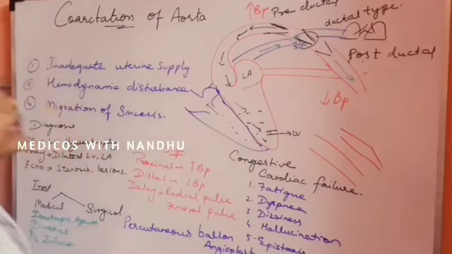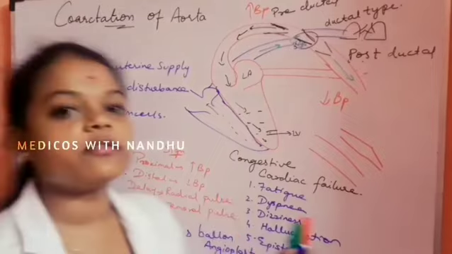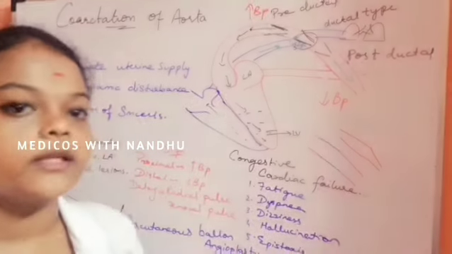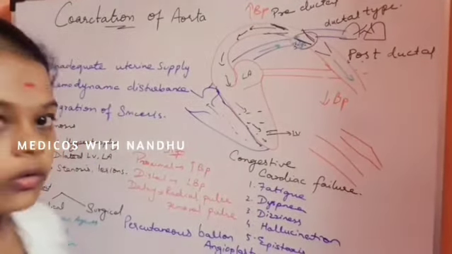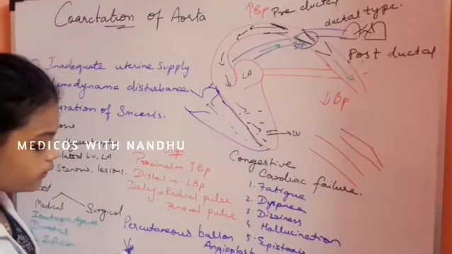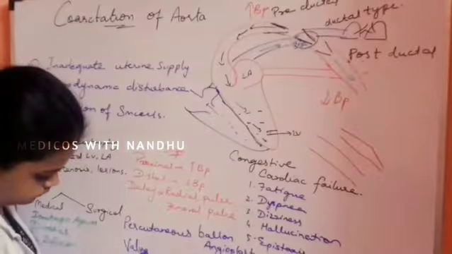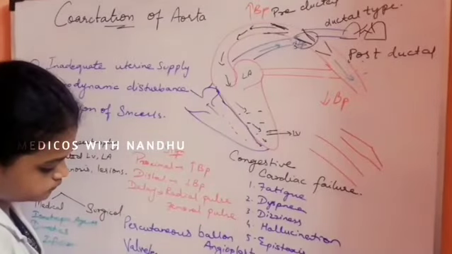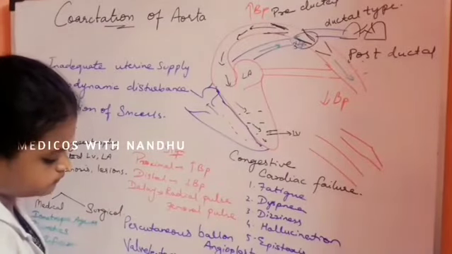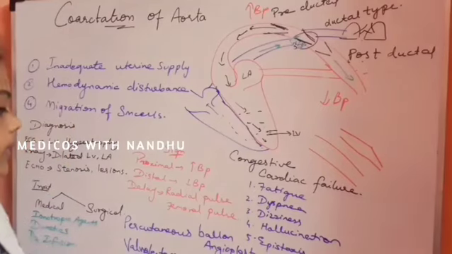If any narrowing takes place due to accumulation of calcium or fatty deposits, we can remove that by inflating a balloon. Okay, and valvectomy can be done. So this is about coarctation of aorta.